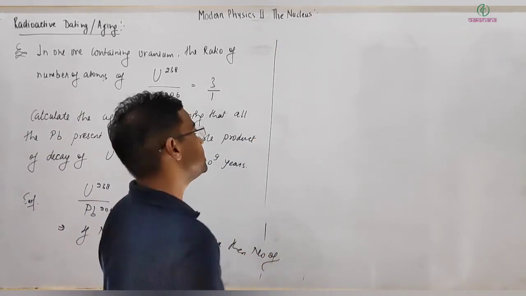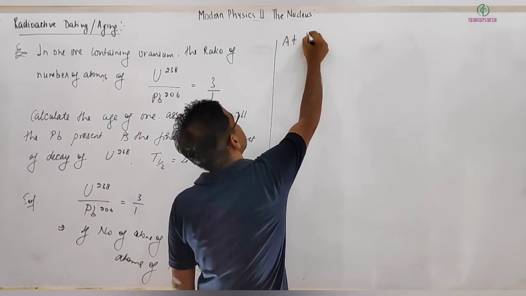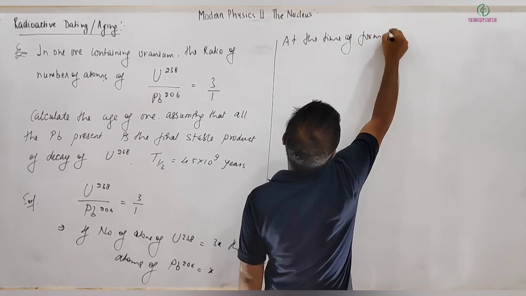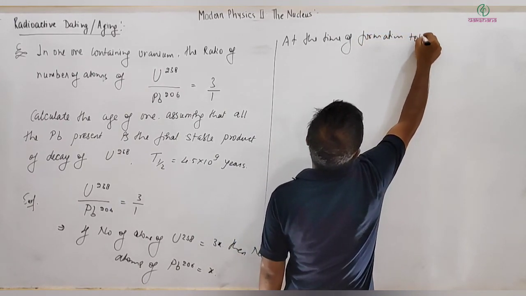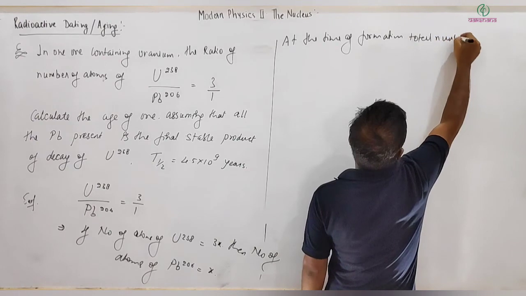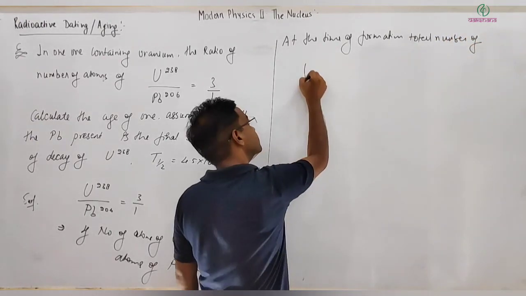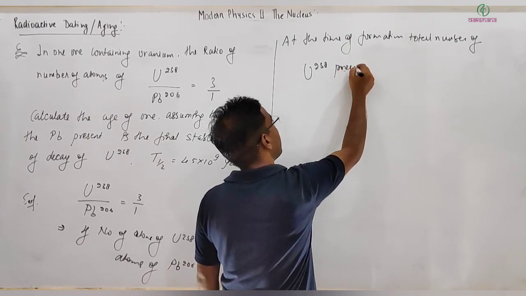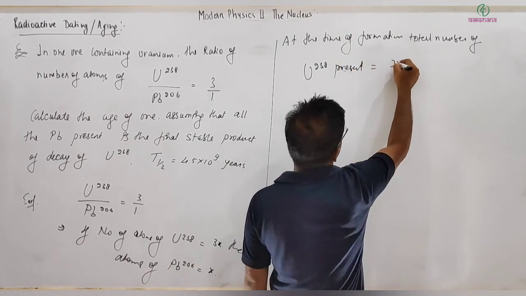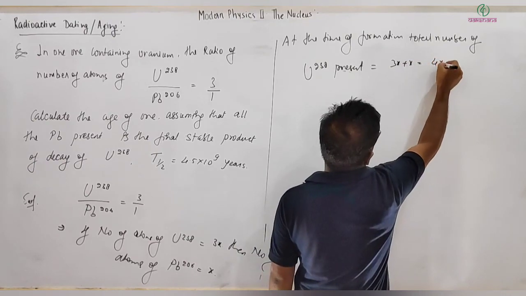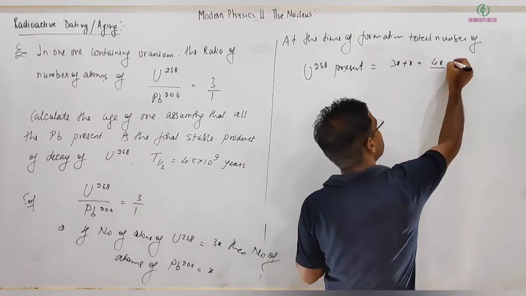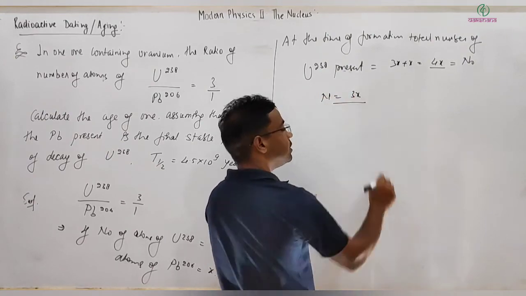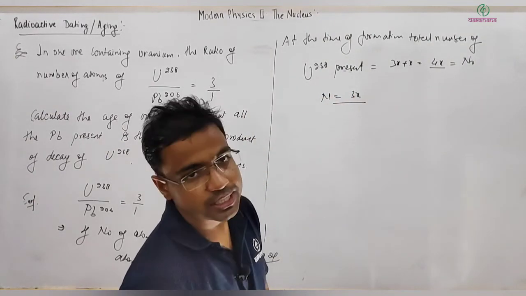At the time of formation, the total number of uranium 238 present is 3x plus x, which is equal to 4x. So this is N naught, and N is equal to 3x, the number of atoms present right now.